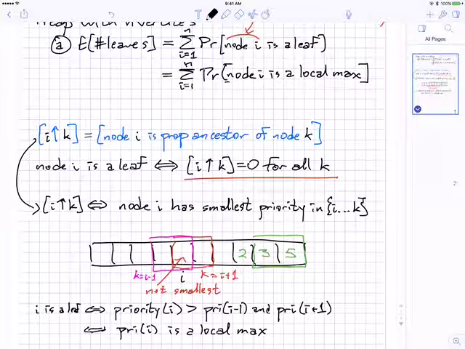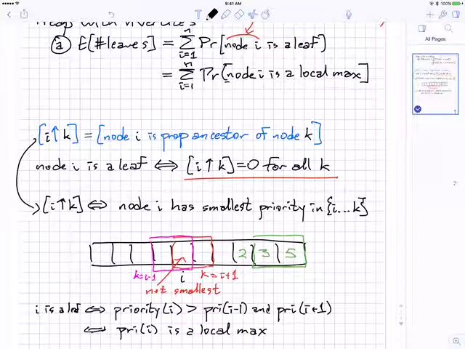In fact, there are 6 different permutations that these 3 priorities could be in. It could be small, middle, big; small, big, middle; middle, big, small; and so on. And in exactly 2 of those, the one in the middle is a local maximum.